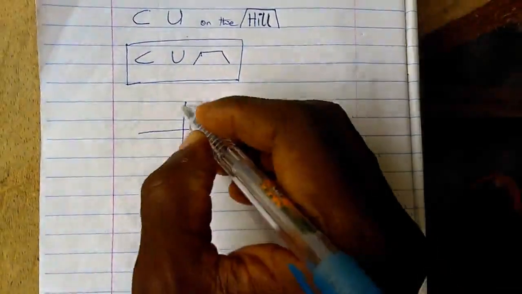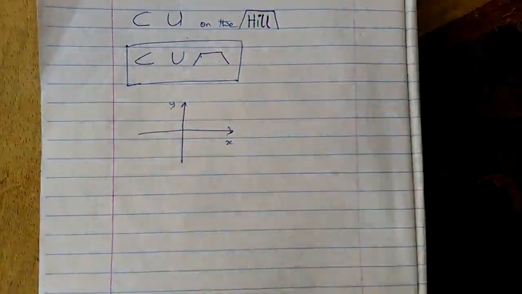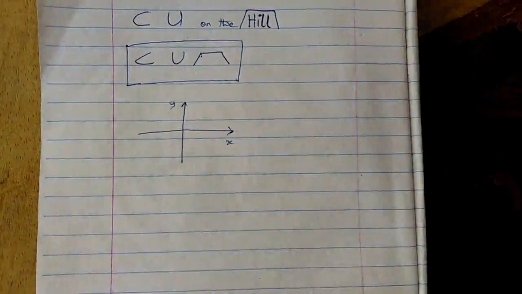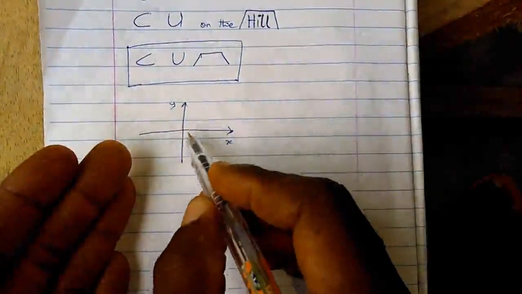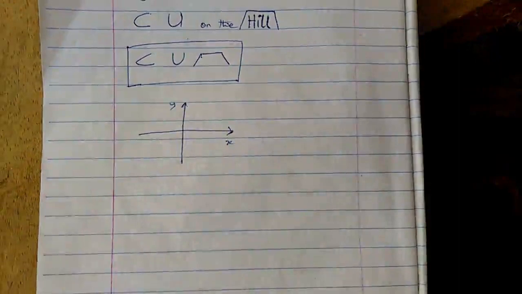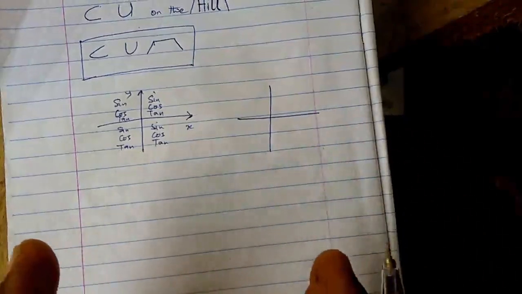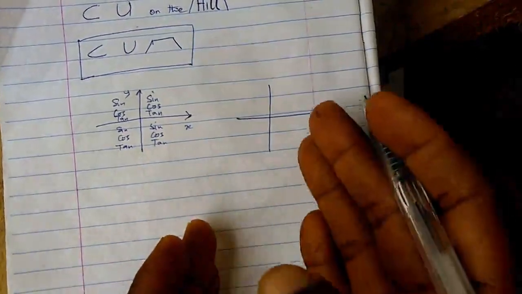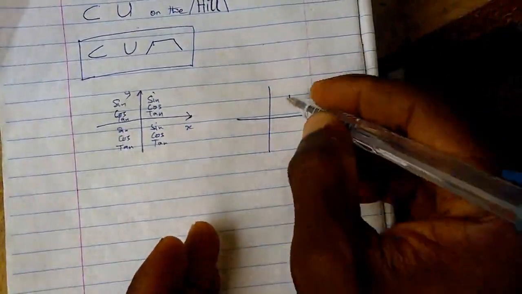This is the x-axis, that is the y-axis, dividing the whole plane into 4 equal parts. We have angle 90 in between the quadrants. This is always the first quadrant.